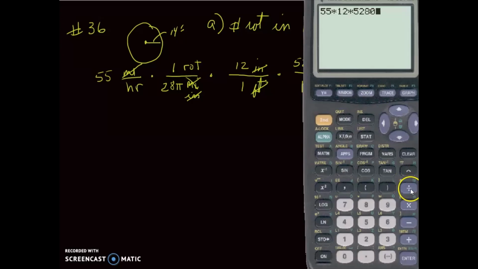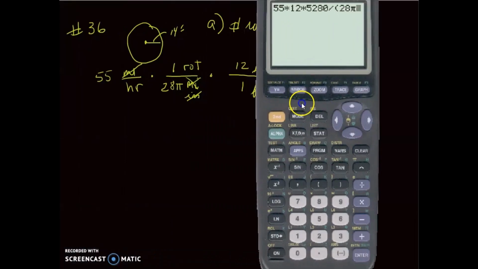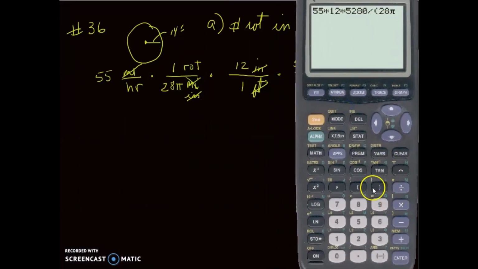We've got to divide that. Now we need parentheses because we're dividing by all this stuff, 28 pi. That's all there is, the ones and the ones. So to make sure it divides by both 28 and pi.